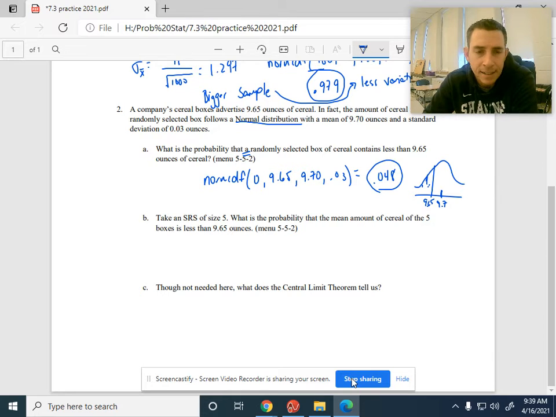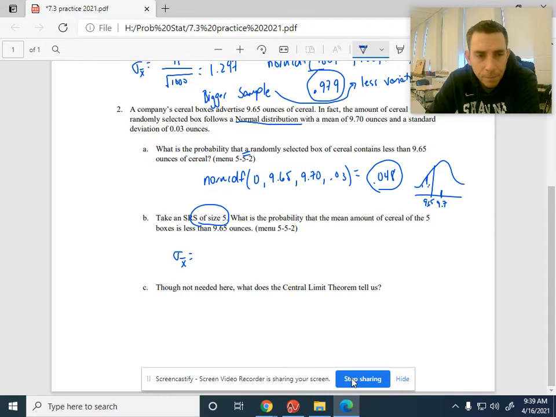It's going to be a lot less, because the average is 9.7. We could have one box that might just coincidentally be less than 9.65 ounces. But the chances of getting 5 boxes where their average weight is that low is probably not likely. So because the sample size changes, we have to do a little work.